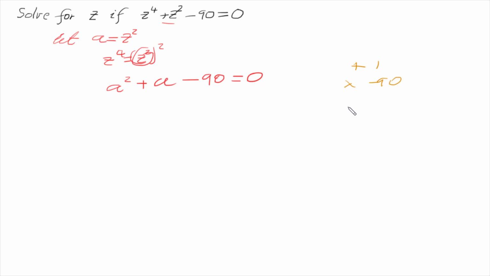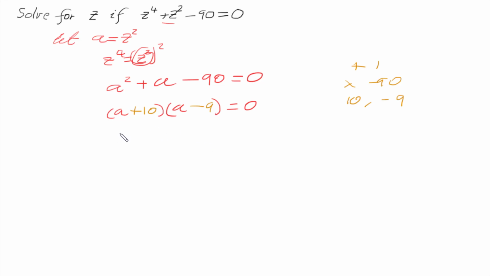If we play around and think about that, we have 10 and negative 9, because 10 plus negative 9 is 1, and 10 times negative 9 is negative 90. So that means that this factorizes to a plus 10 times a minus 9 equals 0.